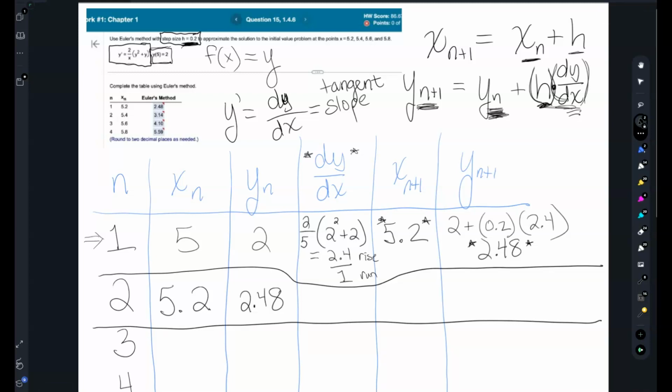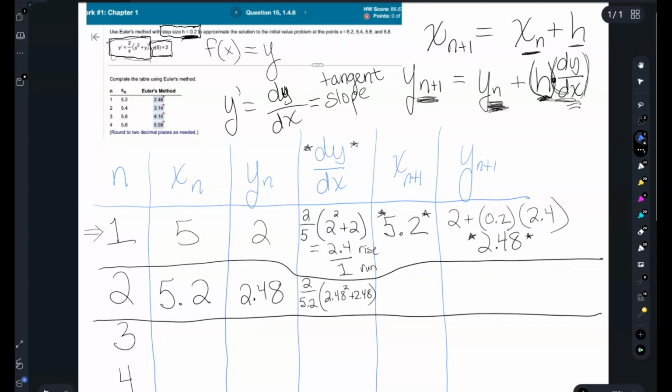So that's the x and y I'm going to use to calculate dy dx. This derivative formula up here is how we calculate dy dx. So we've got to do 2 divided by 5.2 multiplied by 2.48 squared plus 2.48. And we're definitely going to want to change this to a decimal. So when I pop this into the calculator, I get a tangent slope of 3.319.